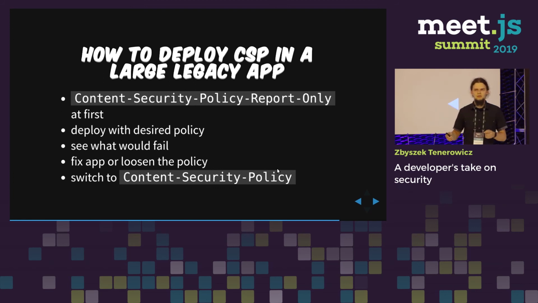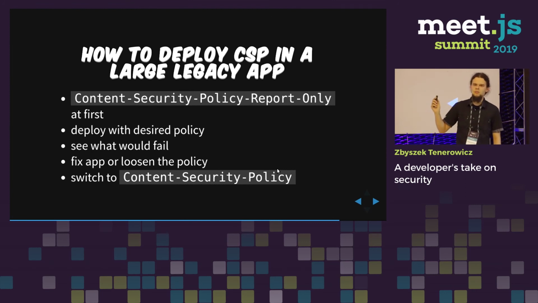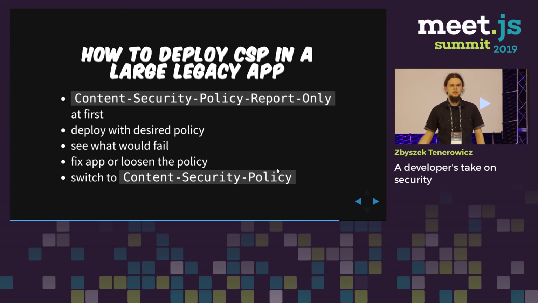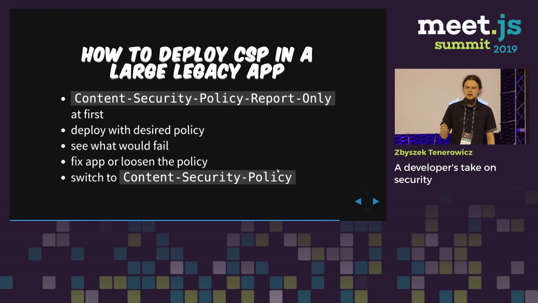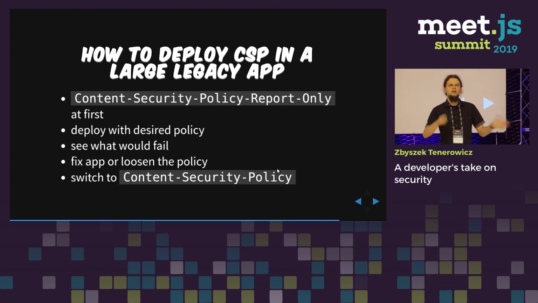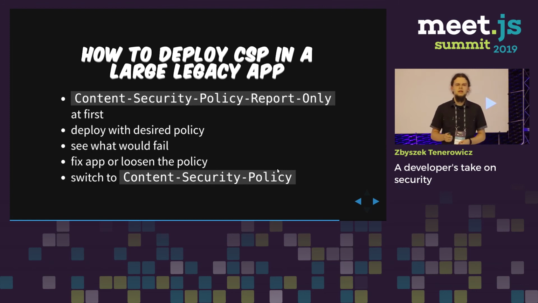So now you go to production, but still with the report-only version. One crucial piece of information: I know of a big Polish company that ran through this procedure. And then the endpoint that they used for receiving reports was deployed in more or less the same location as the rest of the application. And it got so much traffic that it was effectively 20 minutes of downtime before it healed.